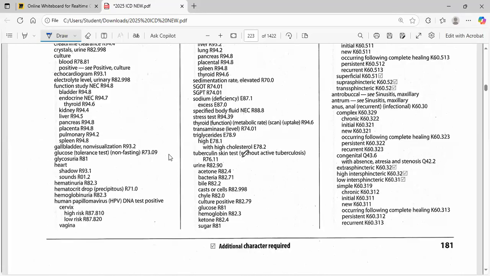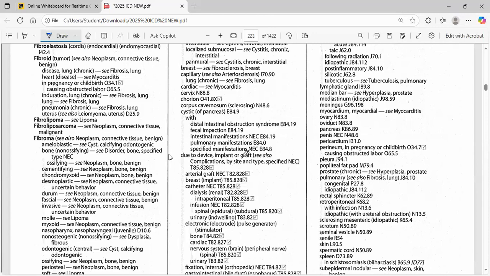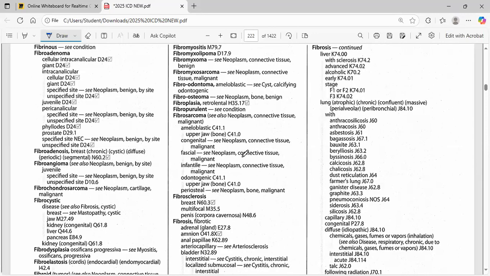A few questions. Okay. Just tell me the code of fibroadenosis.